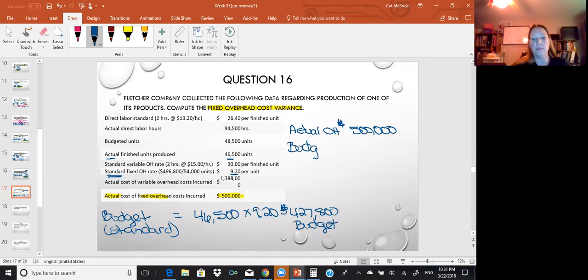Our budget was 427,800. So right off the bat, do I have a favorable or an unfavorable variance? Unfavorable, because I actually spent more than I planned. So I have an unfavorable variance.